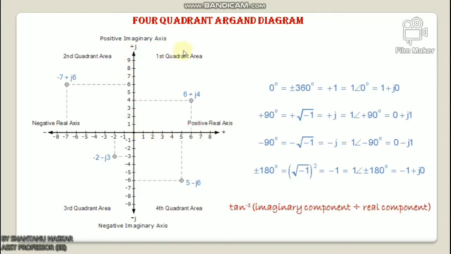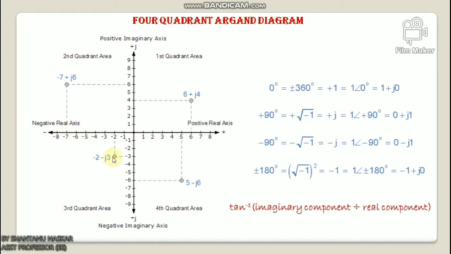So in this Argand diagram, look here, the 6 + j4 has a positive real axis value of 6, and a positive imaginary axis value of 4. So this is 6 + j4. And in the second quadrant, this point is minus 7 + j6, because the positive imaginary axis value is 6, and the negative real axis value is 7.